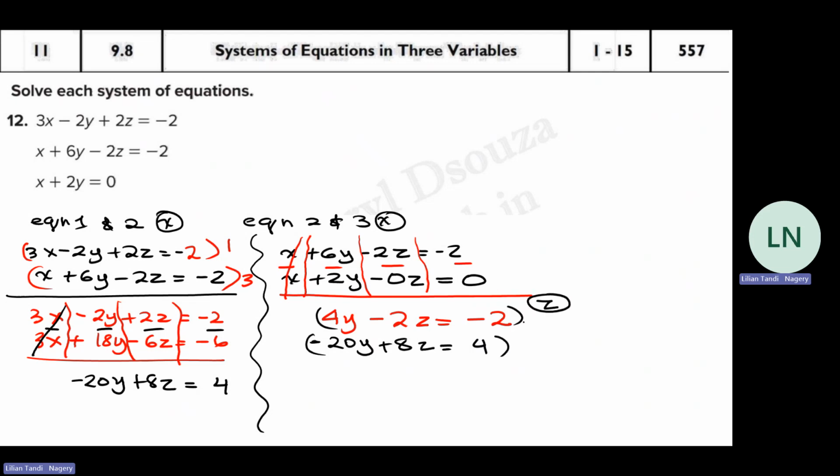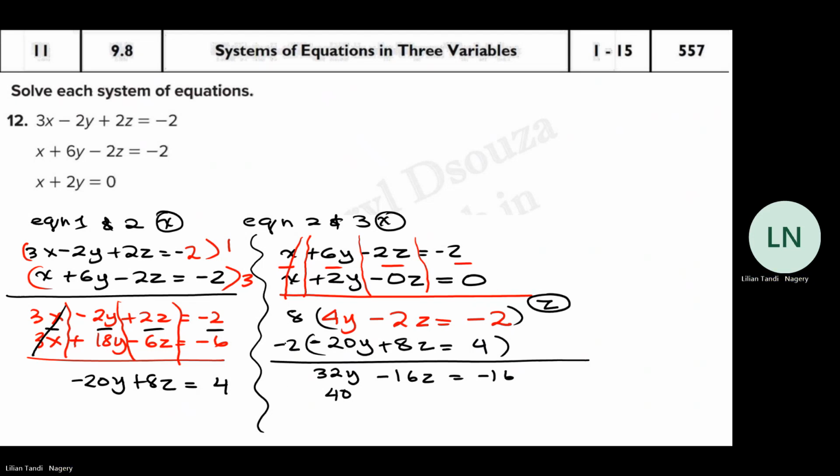Z. So this will be negative 2, and this will be 8. So my new equations will be 32y minus 16z equals negative 16. Negative 40, which is not true. That should be positive 40. And then negative 16z equals negative 8.